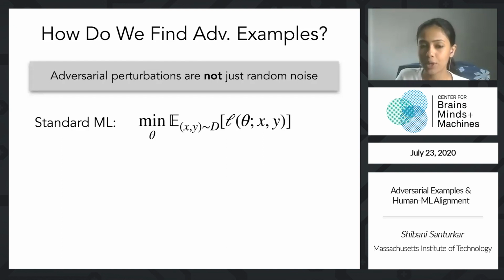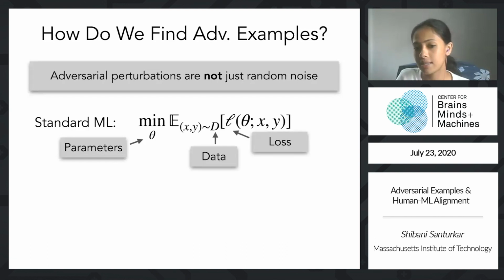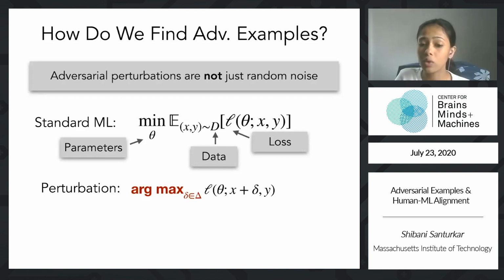Usually when we train machine learning classifiers, we optimize their parameters to minimize the loss with respect to some data. So the goal is, for example, to minimize the loss between the predicted label and the true label on a bunch of data in the image classification setting. Now, to construct adversarial examples, we want to find a perturbation such that when it's added to the input image, think of this as X, it will make the loss as high as possible.